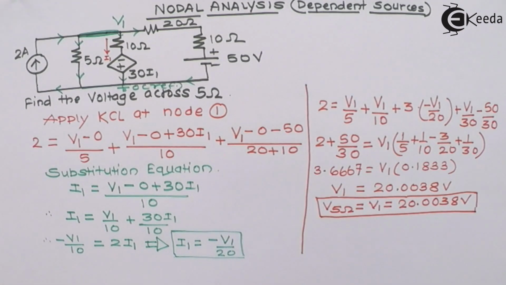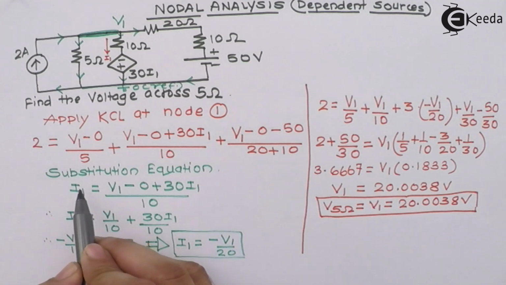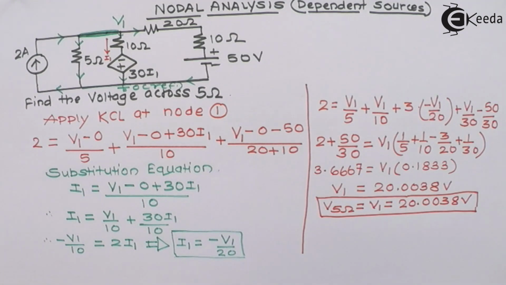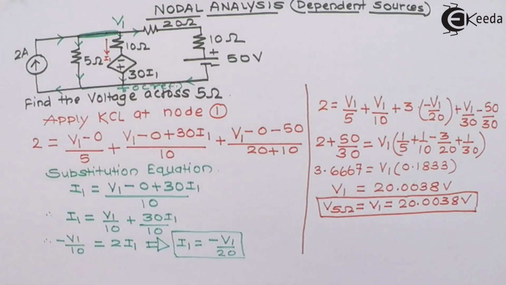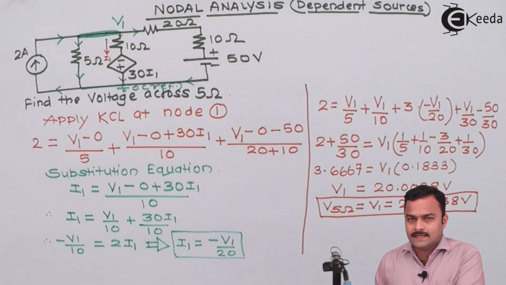So here we have seen how to apply nodal analysis in a circuit with dependent sources. The basic concepts are absolutely the same whether it is independent or dependent sources. Whenever a dependent source is there, the entire focus is on the substitution equation. One thing you need to be very precise about is that whatever potential or current is given by them, we have to maintain the current direction and voltage polarity the same as given in nodal analysis.